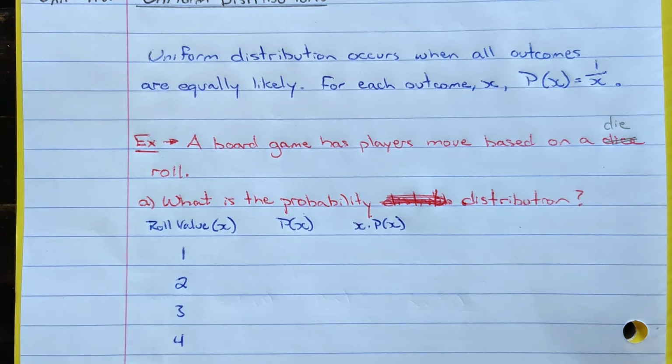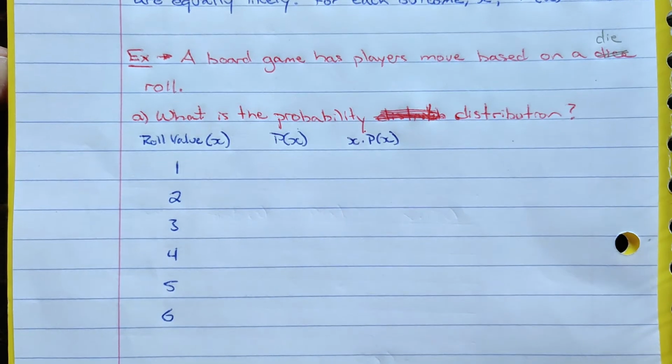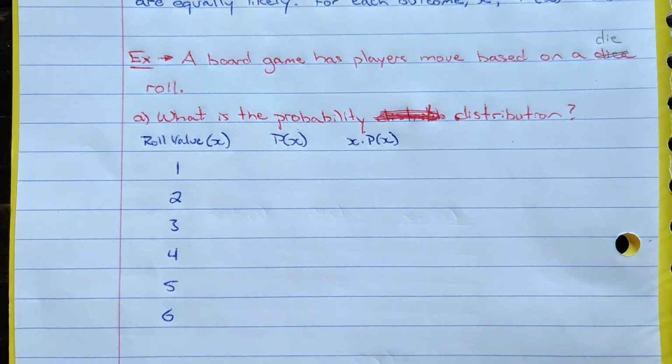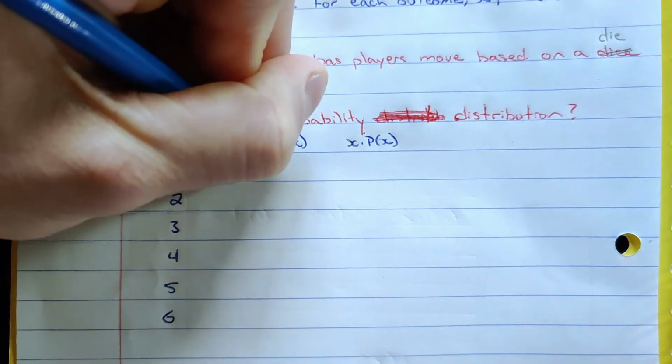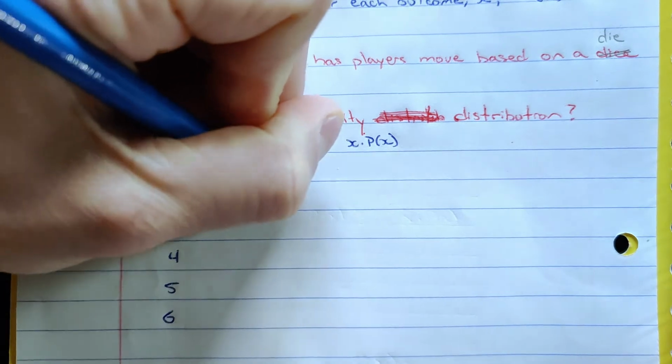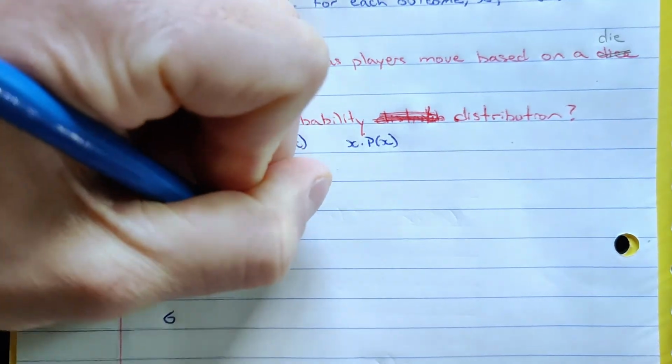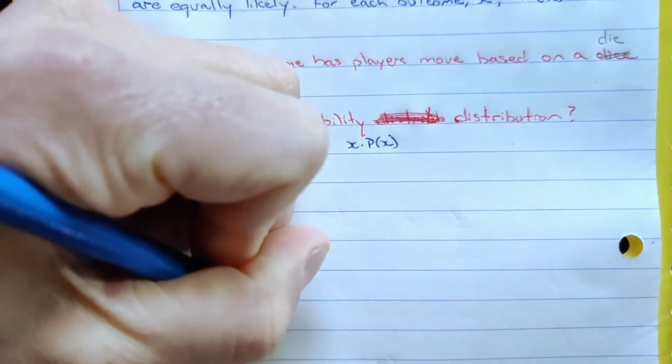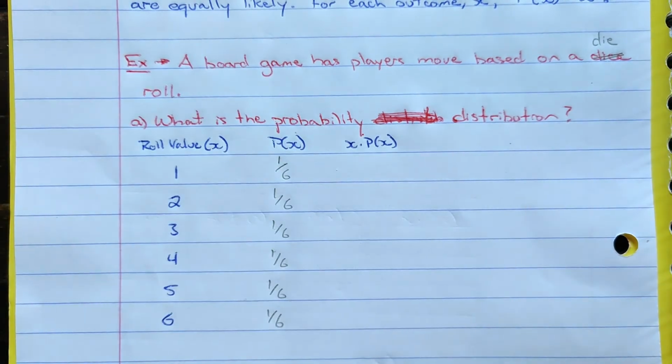So our roll values here, we have 1, 2, 3, 4, 5, and 6 as the possible rolls. The probability of each roll is going to be 1 in 6. So each roll has a 1 in 6 chance of occurring.